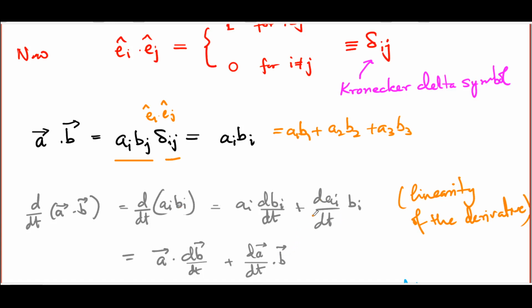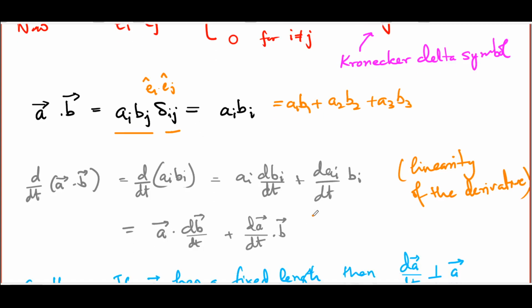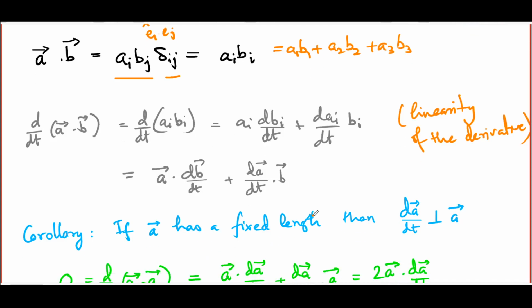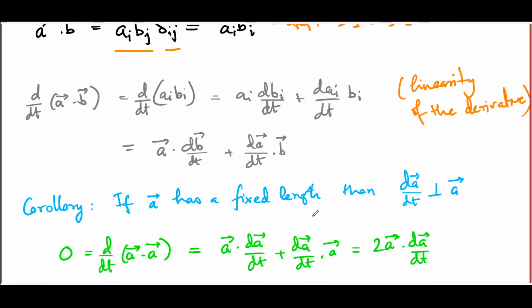And one immediate consequence of that is this very useful result, that if a vector A has a fixed length, then dA/dt is either 0, that is the vector itself doesn't change, or it's perpendicular to A. And the proof of that follows trivially from this. What we have written down is a derivative of a dot b.